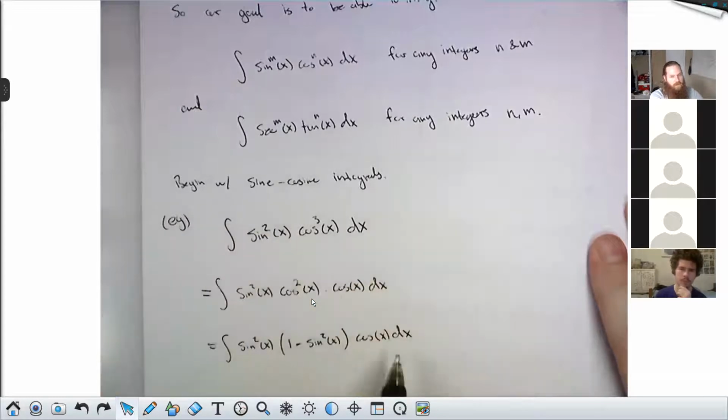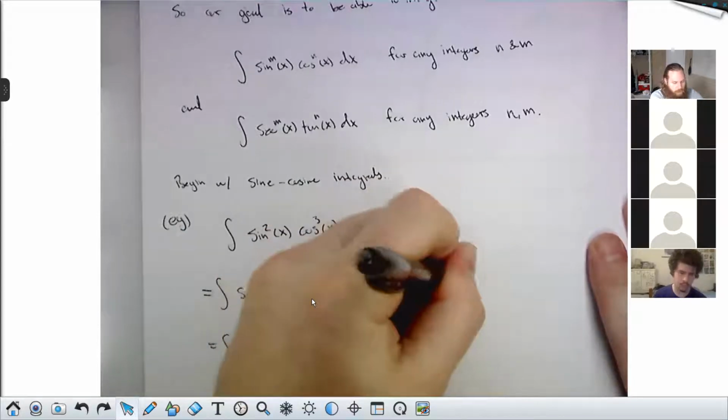And when I look at this integral now, it's begging for the substitution z equals sine x. Z squared, 1 minus z squared dz. This will become a polynomial if I substitute z equals sine x. So that's precisely what we do.